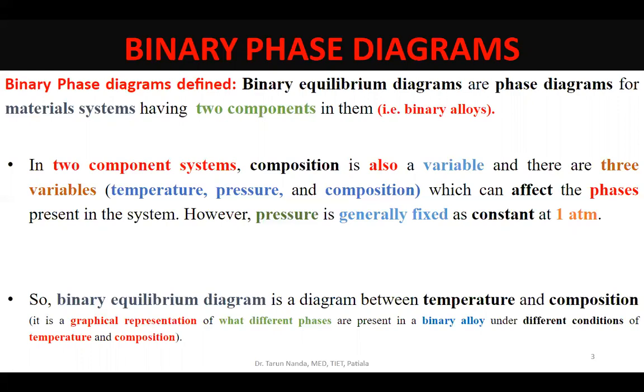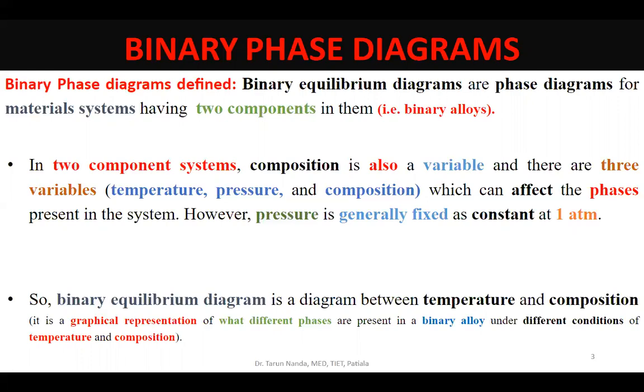So in two component systems, in binary alloys, composition is also a variable along with temperature and pressure. To show the graphical representation of what different phases are present in the binary alloy, we would have to take composition, temperature, and pressure as the variables. But fortunately, as I said in earlier sessions also, in most binary alloy processing the pressure is kept fixed at 1 atmospheric pressure.